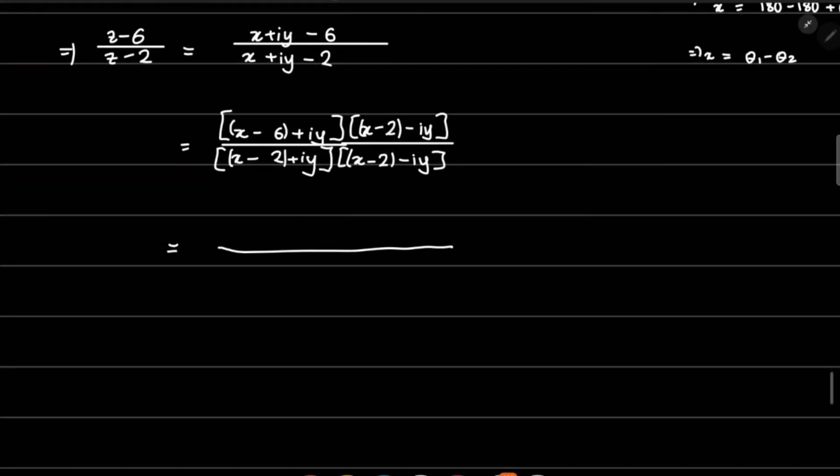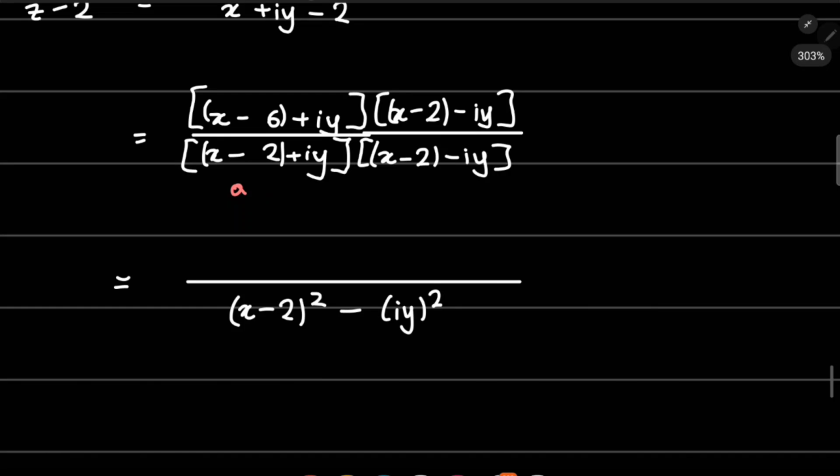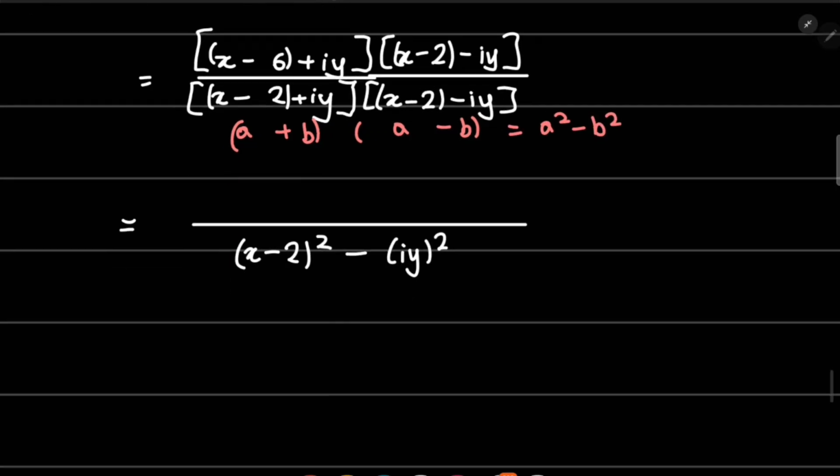Now in the denominator we'll get (x minus 2) whole square minus (iy) whole square, because this is just (a plus b) multiplied by (a minus b), where a is x minus 2 and b is iy.